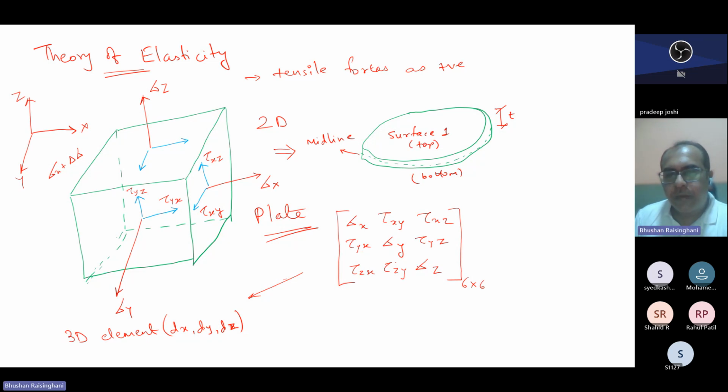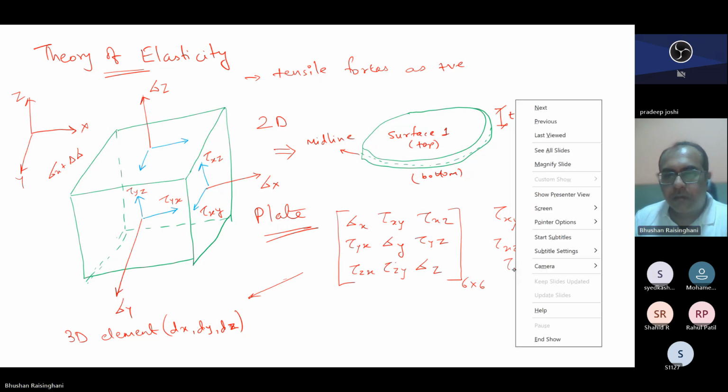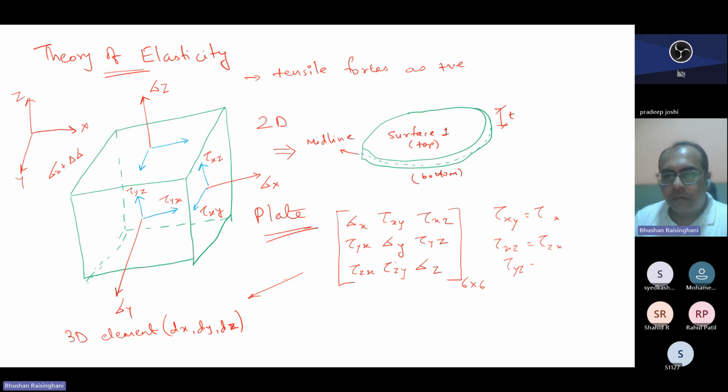Diagonally, the matrix is symmetrical. That means tau xy equal to tau yx, tau xz equal to tau zx, tau yz equal to tau zy.